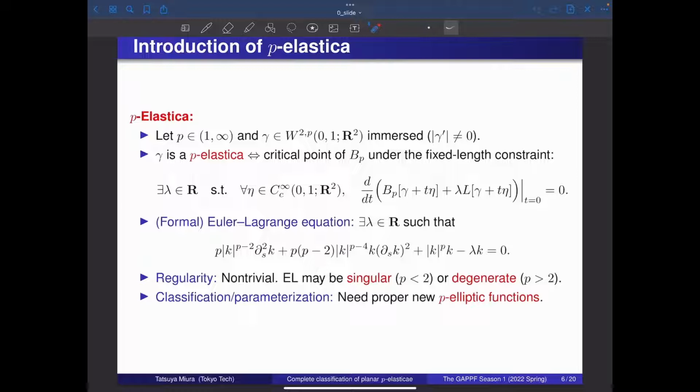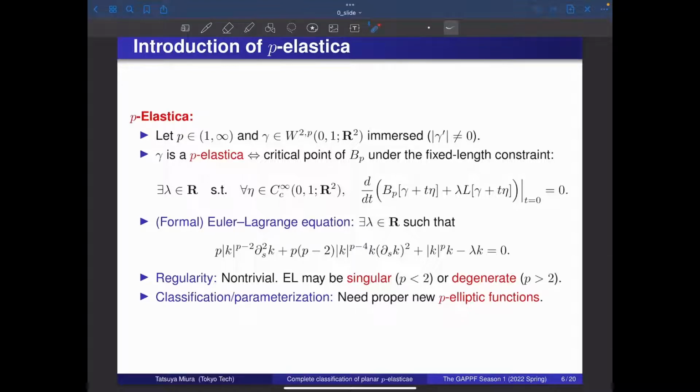In order to do this classification or parameterization, we need to introduce some proper new p-elliptic functions. In the previous case, I mentioned that we need to use standard Jacobian elliptic functions. So here we need to introduce some corresponding notions with a general exponent p.